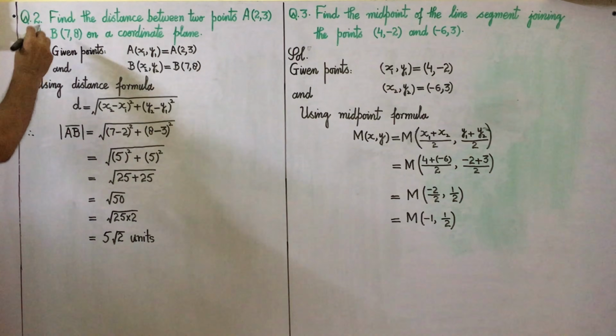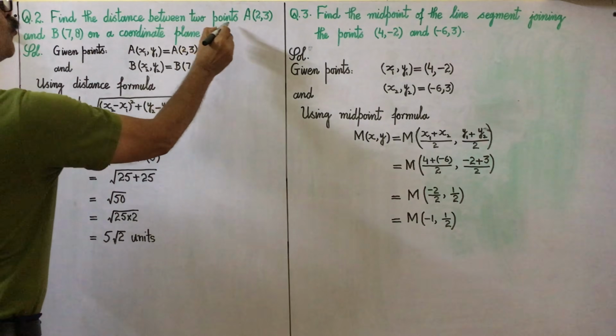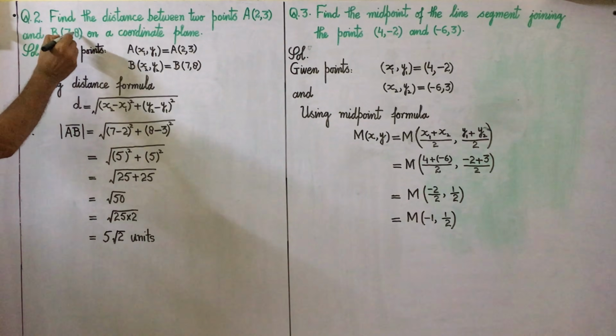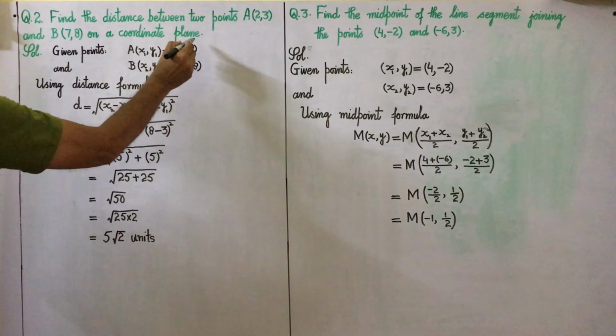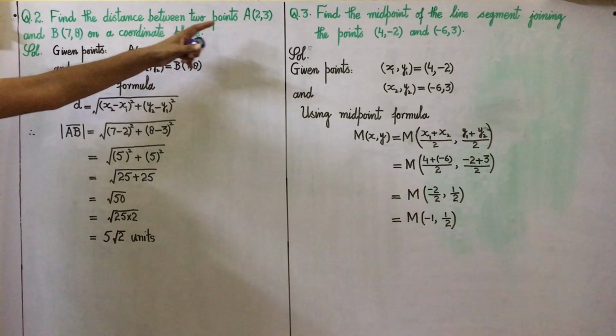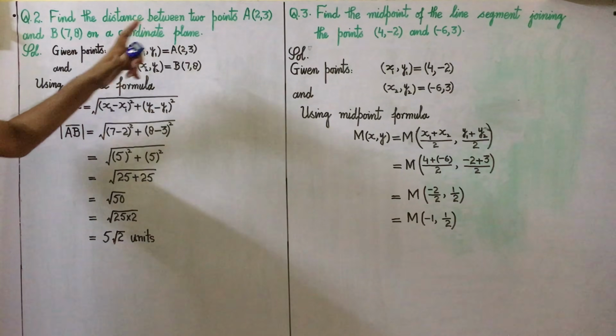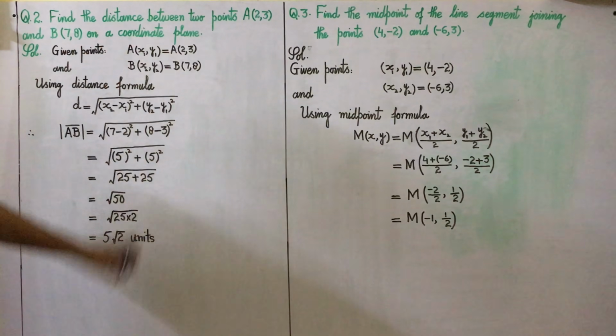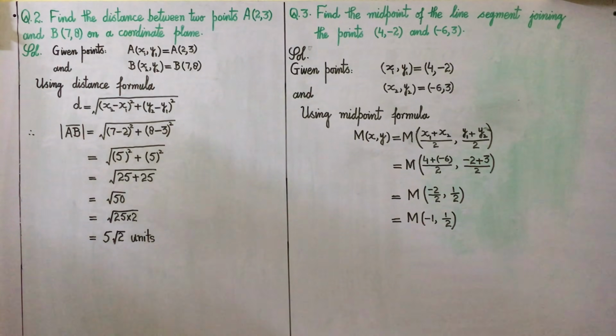Question 2. Find the distance between 2 points A with coordinates 2, 3 and B with coordinates 7, 8 on a coordinate plane. Solution: given points A (2, 3) and point B (7, 8).